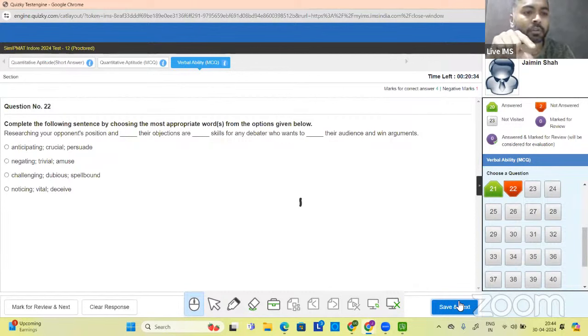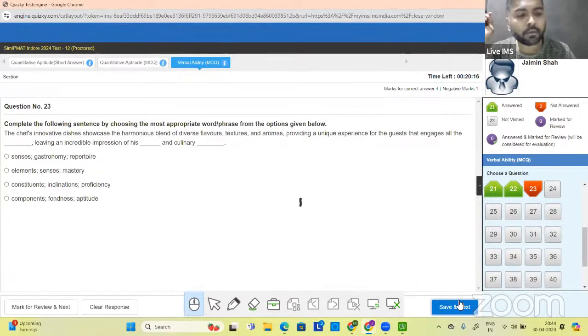Researching your opponent's position and anticipating their objections are crucial skills for any debater who wants to persuade their audience and win the argument. Researching your opponent's position and noticing their objections are vital skills for any debater who wants to deceive their audience. No, noticing will not come, anticipating, you anticipate, right.